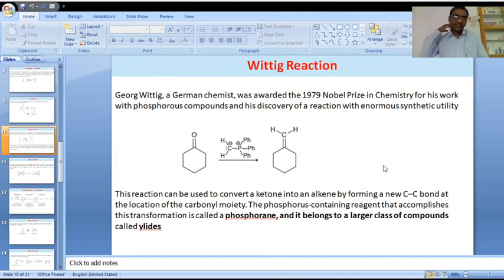Is it clear? This is the conversion of ketone to alkenes. This is the name reaction, the Wittig reaction.